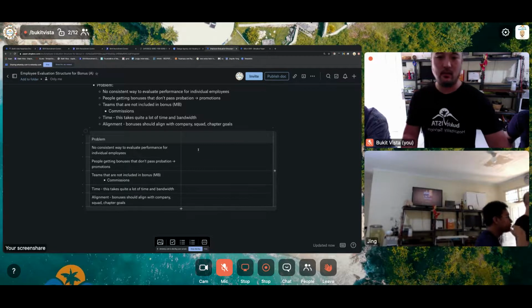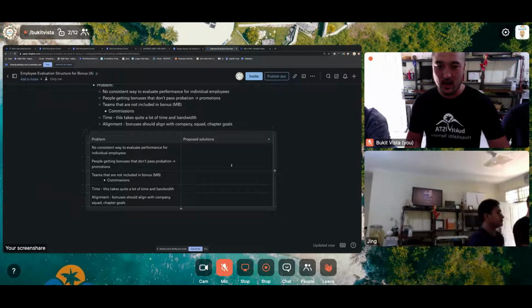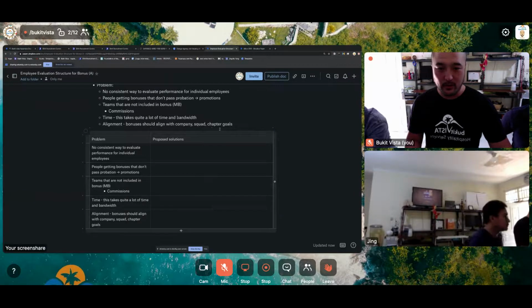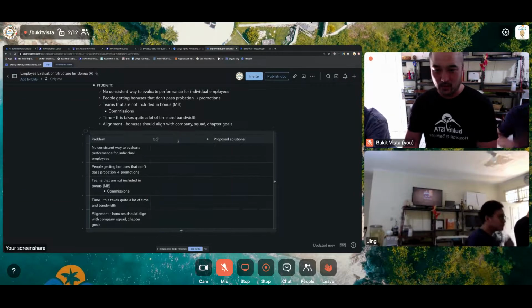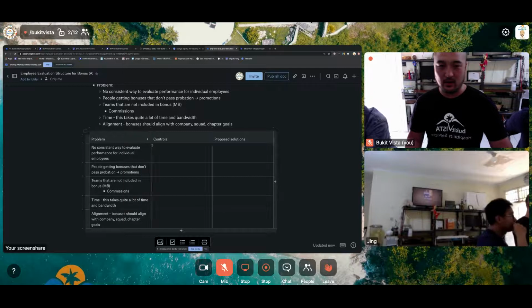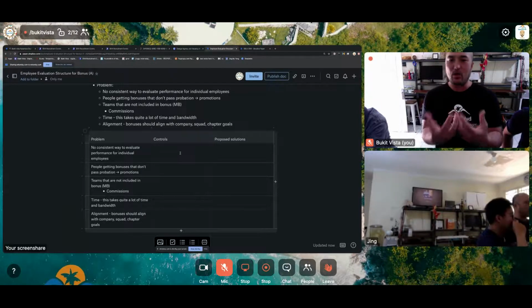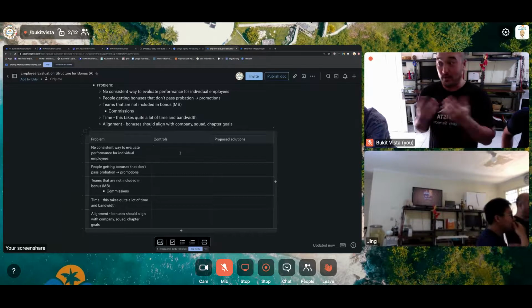All right. So this is where we have proposed solutions, and before we go into solutions, we need to have controls. Okay. All right. So let's take a look at what the controls are. How can we actually influence this problem from an HR perspective?